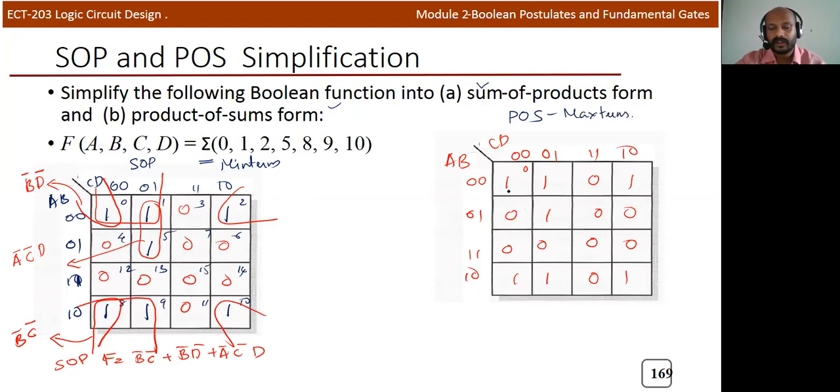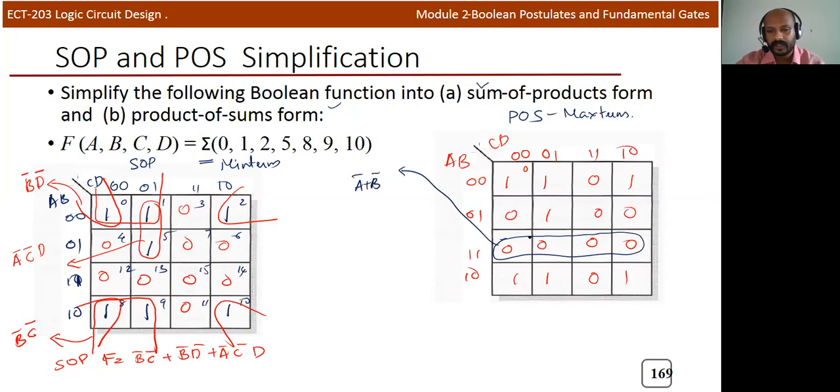Okay, so instead of grouping ones, I will group zeros. So you can see that here 4 zeros. To represent these 4 zeros, I can write the expression. Here the common term is 1 1. It's actually represented by AB. So instead of writing AB, you'll write A bar plus B bar, the complement of that variable.